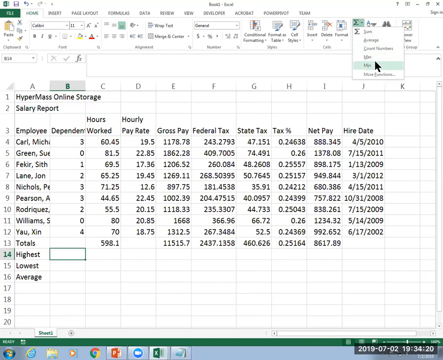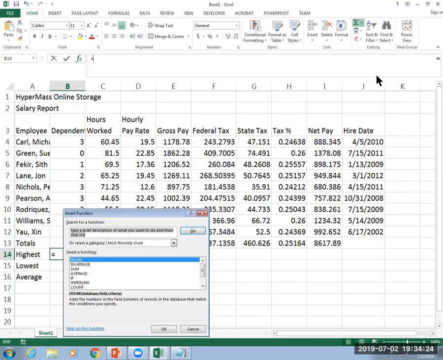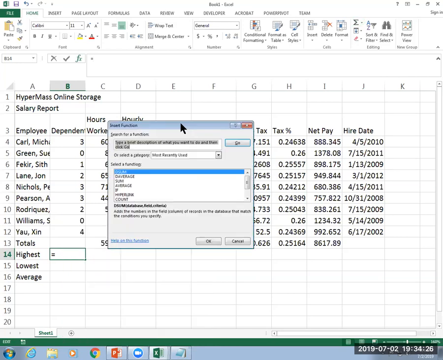If they are, great. If they're not, you can click on more functions, and it brings up the insert function screen. In the insert function screen, it does a pretty good job of helping you figure out what function you might want to use.